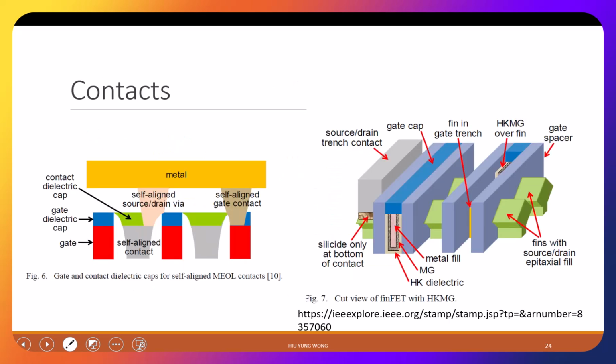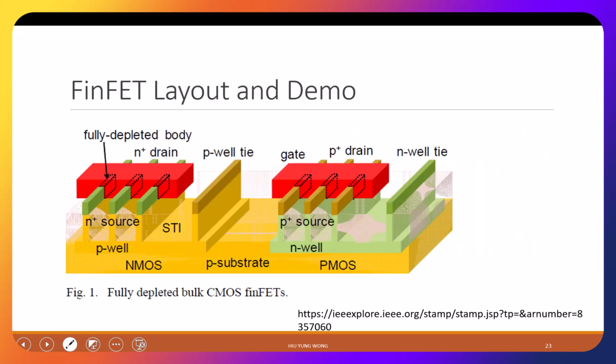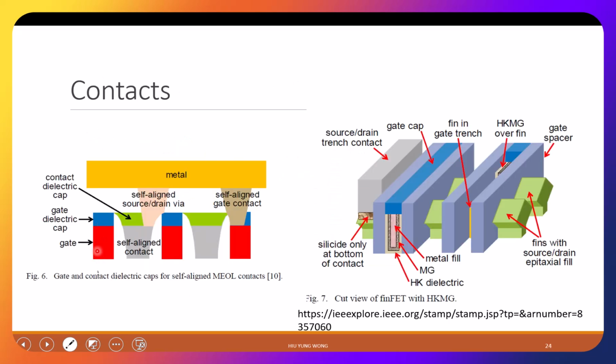Regarding contact, this is a little bit difficult to understand for you, but if you do a cross section here, cut it. You have this fin, right? And this is the gate, right? On top of the fin is the gate. Bottom is the fin. And the gate wrap it around. And actually, no, in this direction may be opposite, sorry.